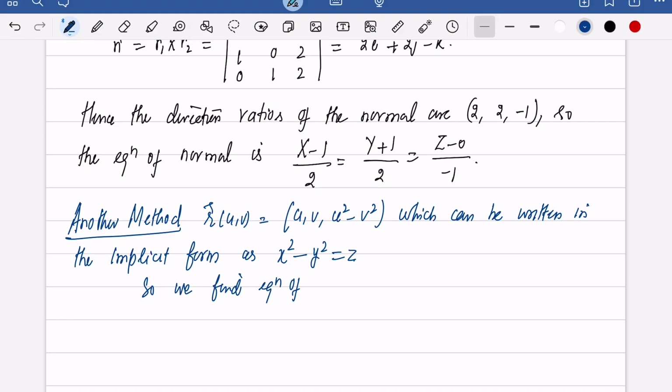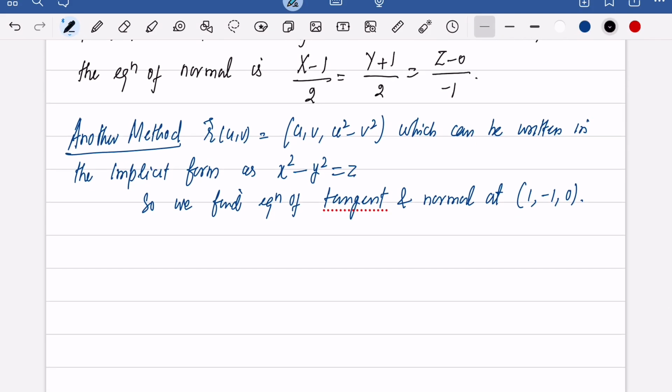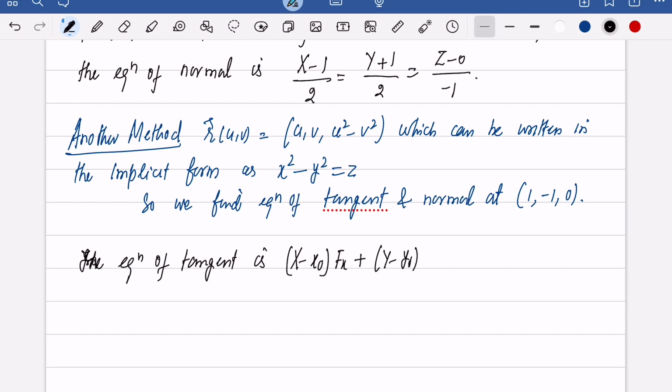So we find the equation of tangent and normal at u, v equal to 1, minus 1, so x, y, z will be equal to 1, minus 1, 0, which is already computed. Now here we can use the equation of a tangent that was given in the implicit form. So the equation of tangent is (x minus x naught) fx plus (y minus y naught) fy plus (z minus z naught) fz is equal to 0.